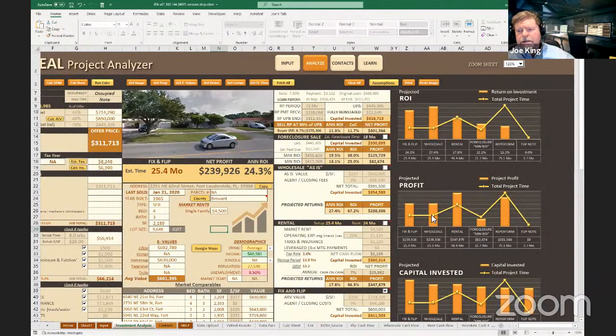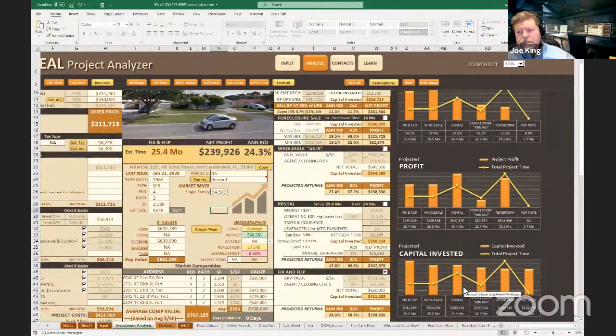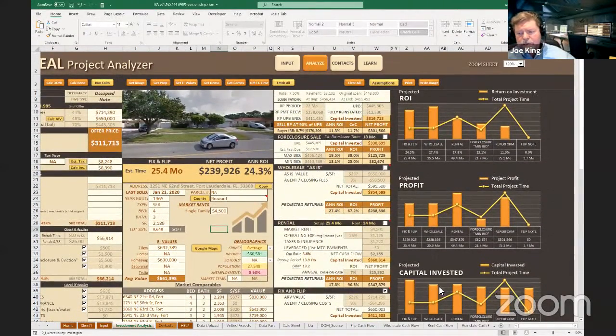Where does that put me? Same thing with profit. What does my profit look like? What does my capital invested look like? You're going to want to have lower capital invested, a higher profit margin, obviously, and a high return on investment. So you're going to want to look for those areas that resonate with you.